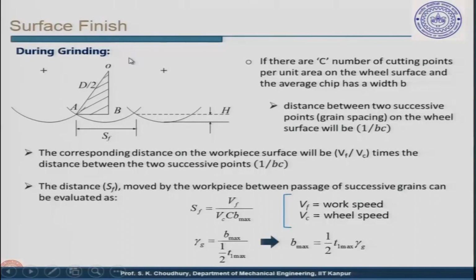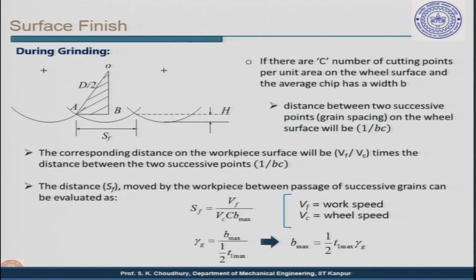Now, let us see what happens in the case of grinding. In grinding, these are the subsequent positions of the grinding wheel when the feed is given, like in milling. The grinding wheel is rotating and the feed is given to the workpiece.